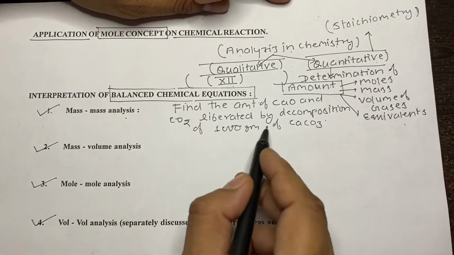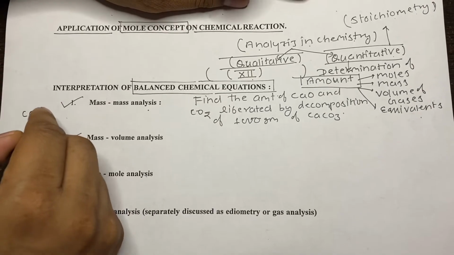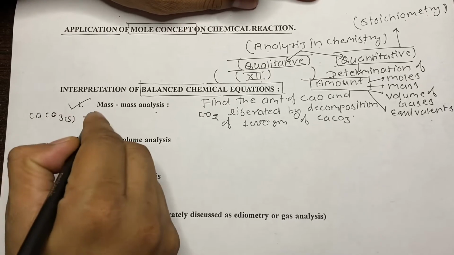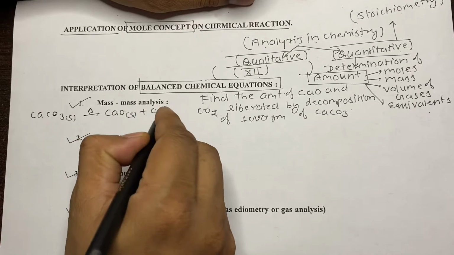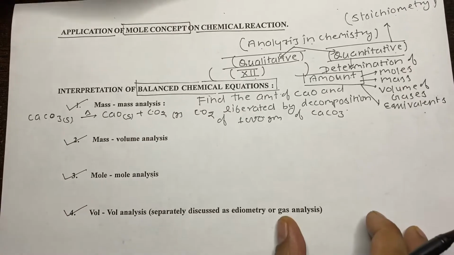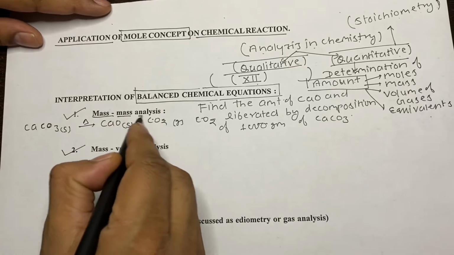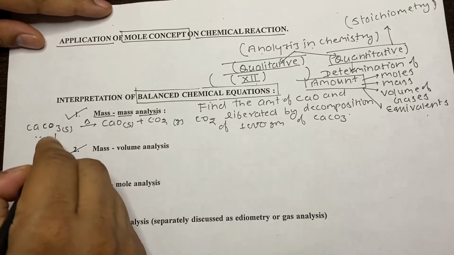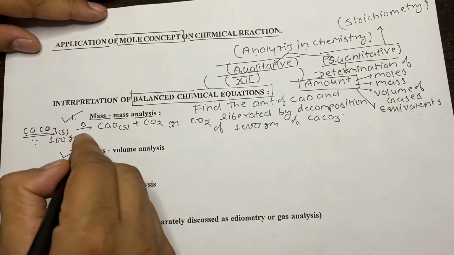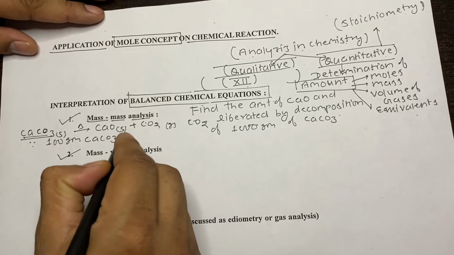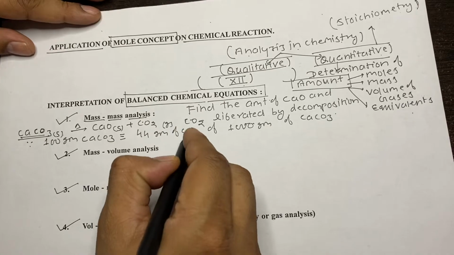To deal with this, first we will write the balanced chemical reaction, which is CaCO3 on decomposition gives CaO(s) plus CO2(g). Obviously, if we deal with mass analysis, then we will say that 100 gram of calcium carbonate gives 44 gram of CO2.